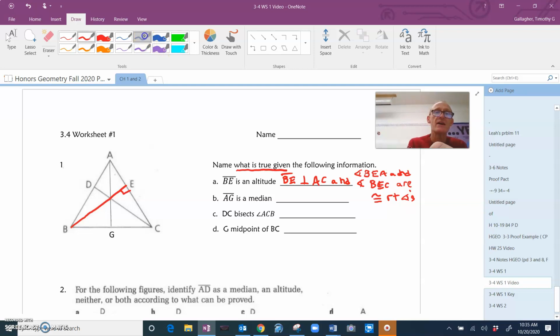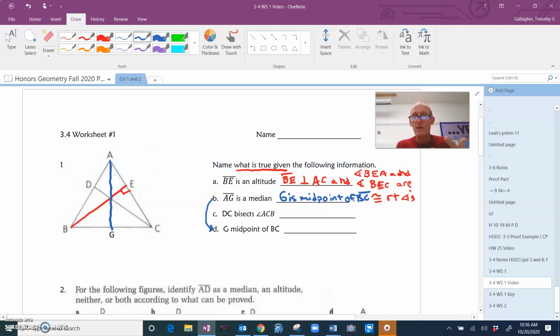AG is a median is the next problem. And that means that BG and CG are congruent. So BG, you know what? I'm going to save that one for this one, I think. I'm going to say that G is the midpoint, okay? Because G is the midpoint of BC is this problem, but AG is a median, means that G is midpoint of BC.